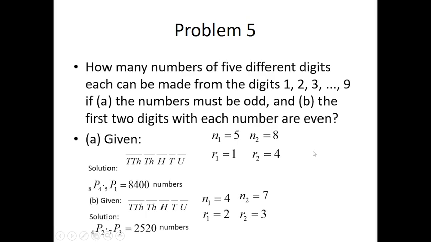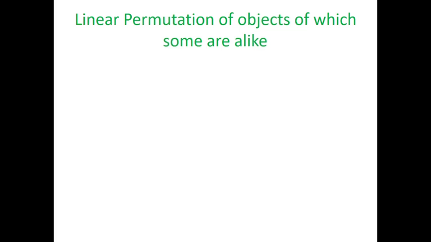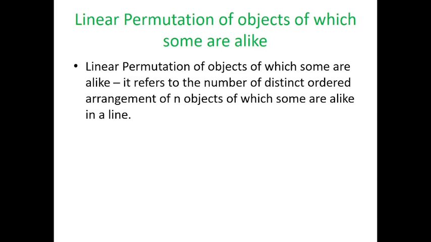Alright. We now proceed with the next topic: linear permutation of objects of which some are alike. This refers to the number of distinct ordered arrangements of n objects, of which some are alike, in a line.